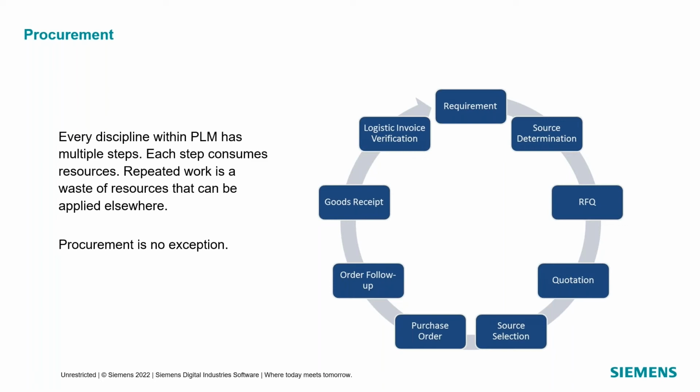And I chose to put this diagram up because in the same way that in your typical design engineering use case, you've got things like the design, testing, documentation, work instructions, all sorts of things like that, there are that many steps with procurement as well. They're just different.